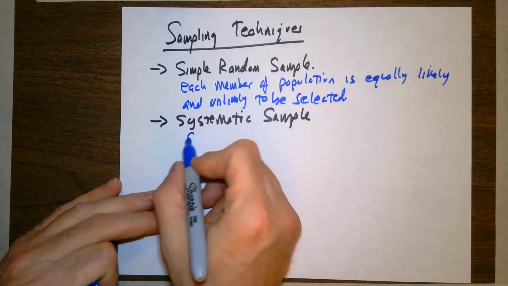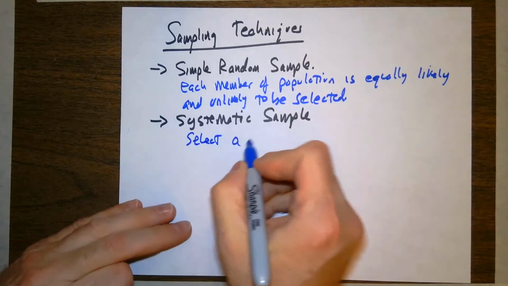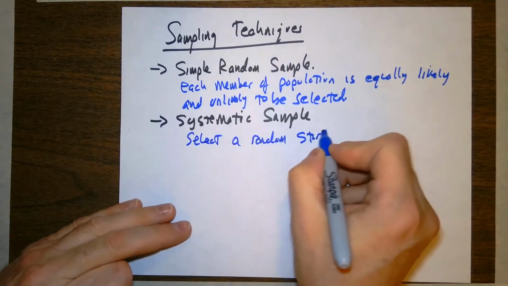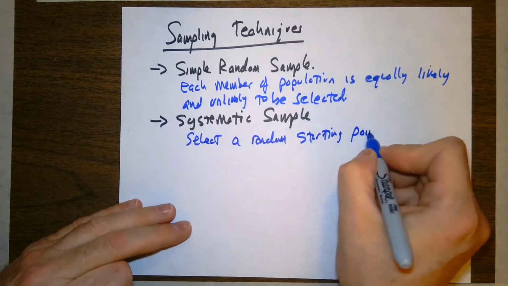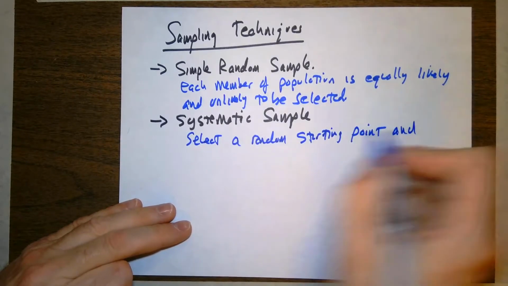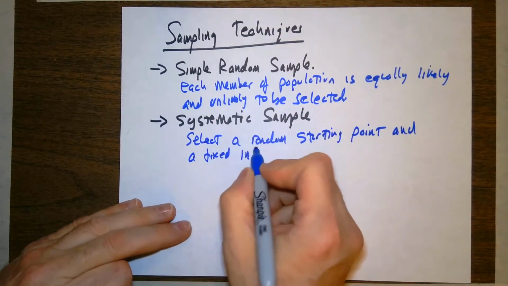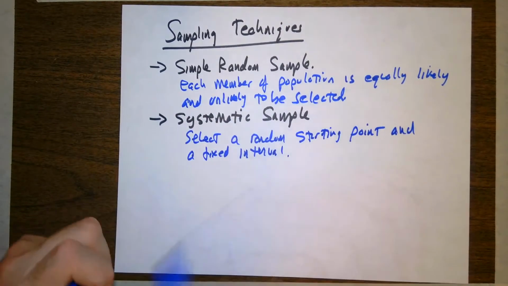We're going to select a random starting point and a fixed interval. Well, what does that mean?